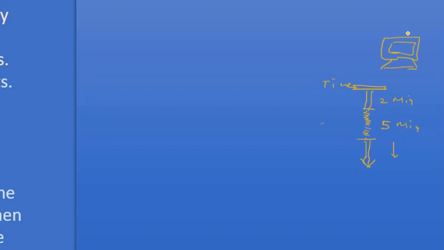Let's assume that this is the client who is browsing and sending some requests to the server, and on the server side there is a stateful session bean that is processing the requests. He can make one or multiple requests.